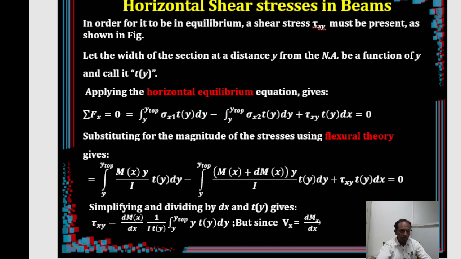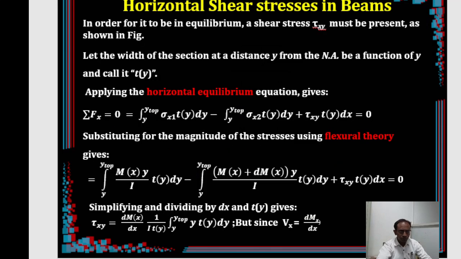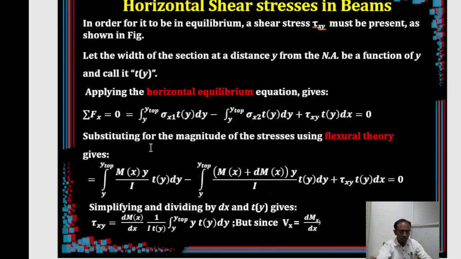This is emanating from this particular diagram. This is sigma x1 and this is sigma x2, right? So sigma x1 acting towards right, so positive, and it was taken only in this area, that is from y to the end, y to y top, sigma x times t(y) dy.